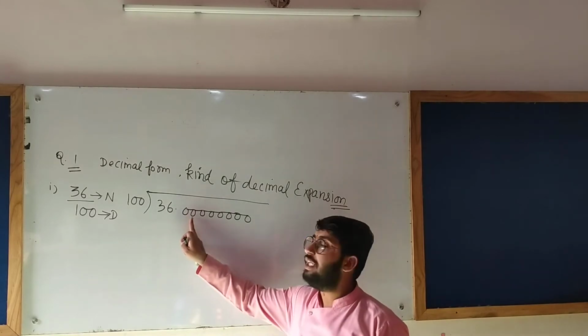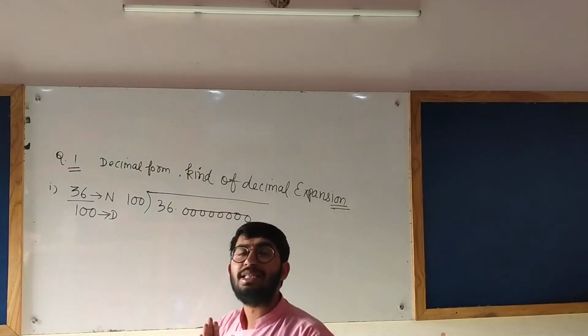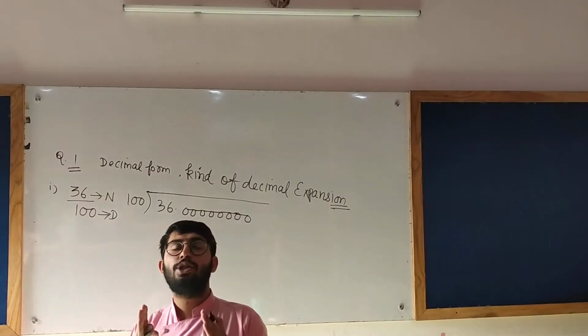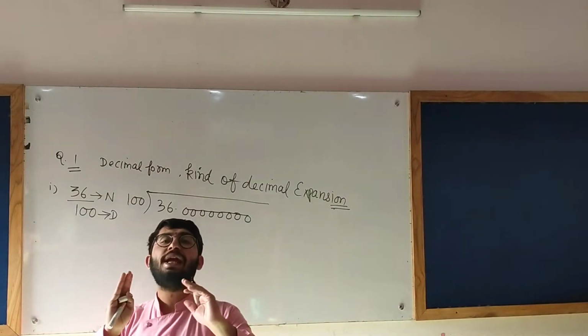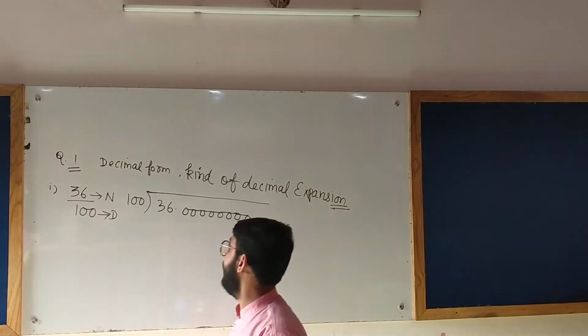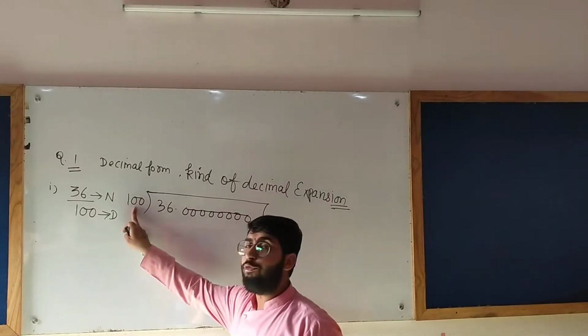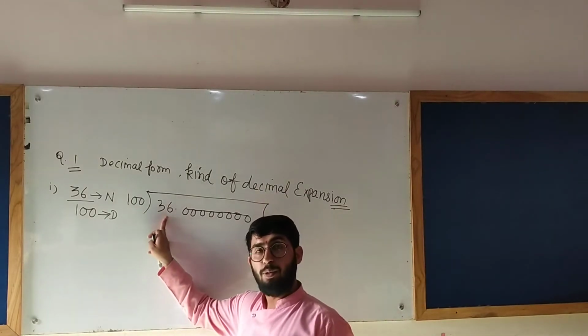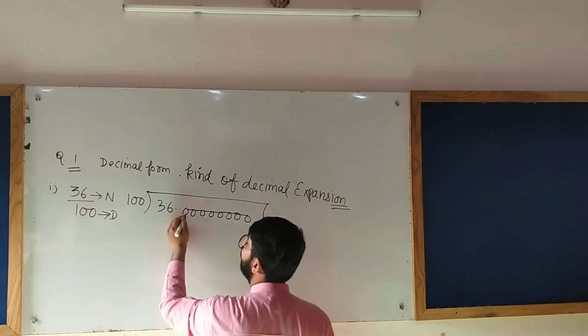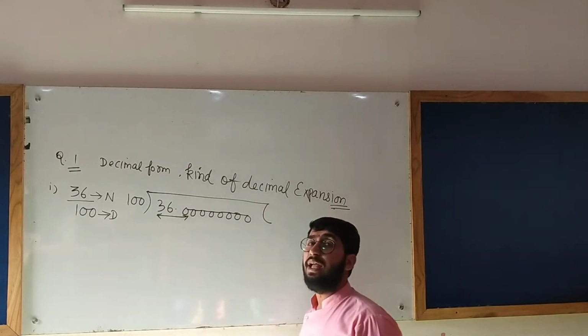So we can write 36 as 36.00000. In the table of 100, 36 doesn't come, so let us take a 0 after the decimal.